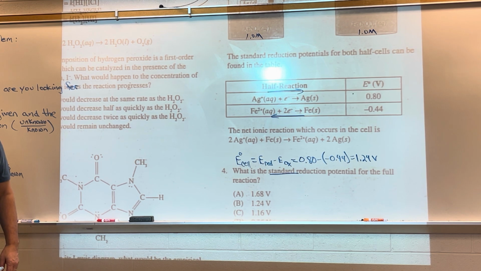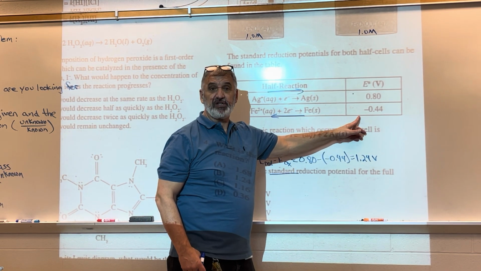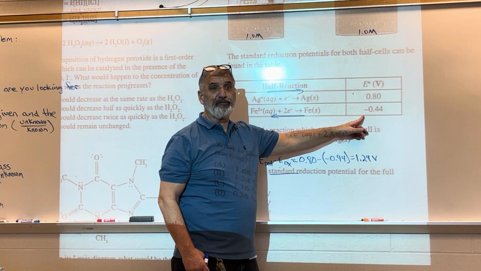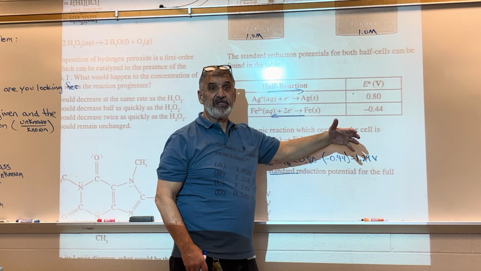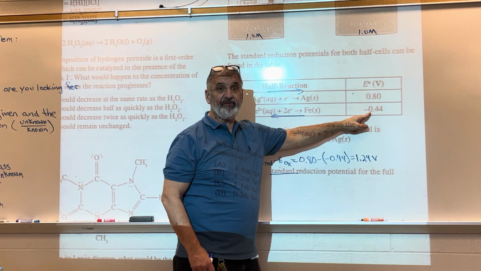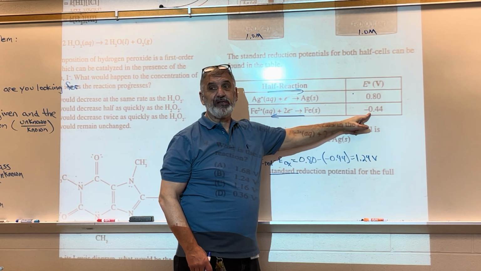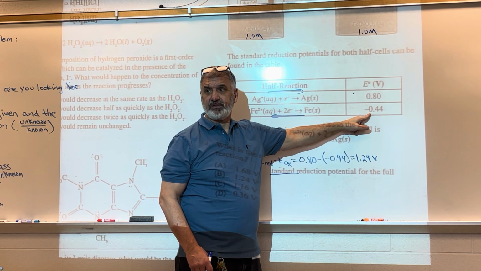How can it be positive? Because the reality is that the oxidation potential of this is actually positive 0.44. So some books teach it E red plus E ox, but you have to change the sign for the oxidation to positive. It's always the opposite of whatever the reduction potential is.